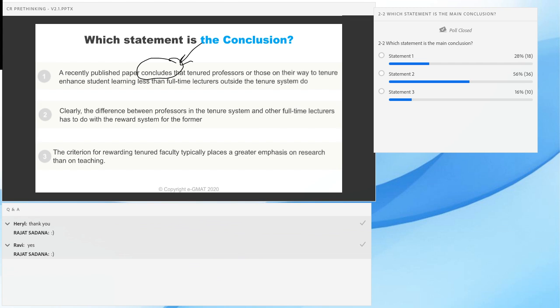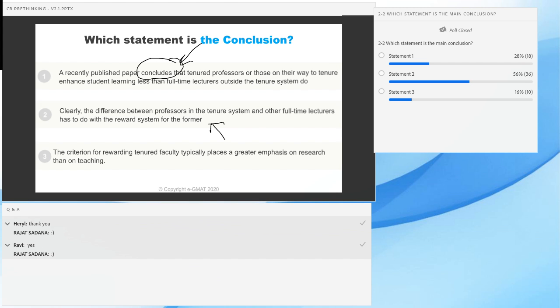When you look at that, the reason why the author has written this argument is statement number two, where he says clearly the difference between the professors in the tenure system and the full-time lecturers has to do with the reward system. What he's really saying is, blame the reward system for the professors. That's the reason why professors don't do as good a job.